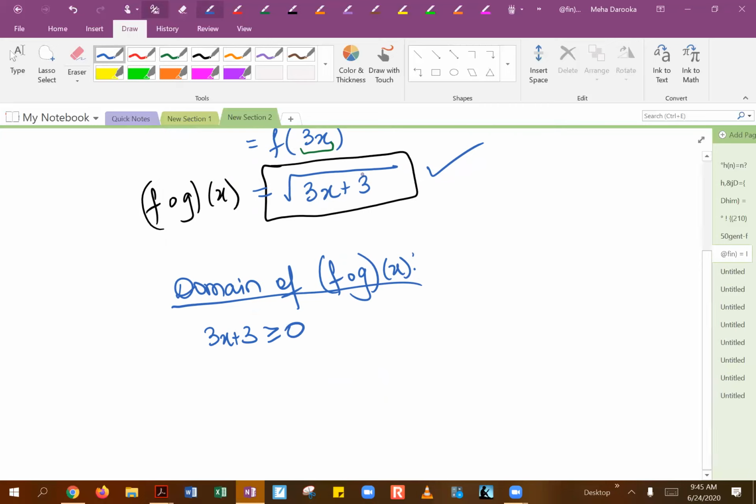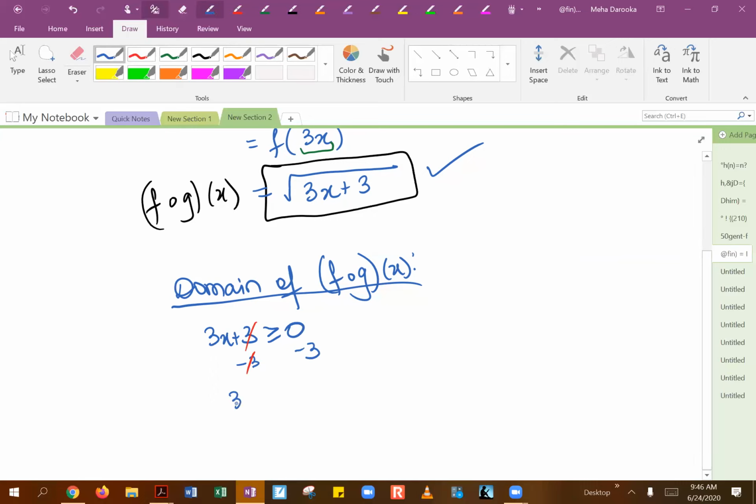So you've got 3x plus 3 greater than or equal to 0. And what kind of x value do you see? Okay, Julian, you're getting -1. Evelyn also.